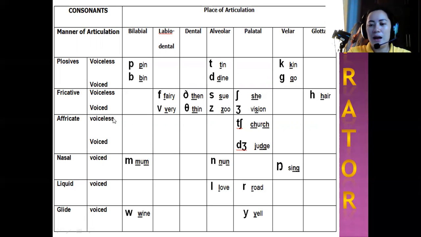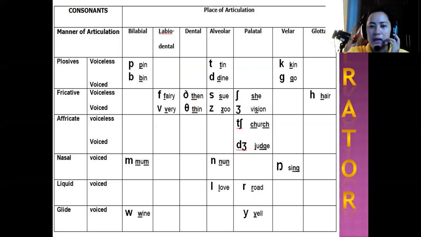We also have the variation of phonemes, like voiceless, voiced. So when you see the place of articulation, you will see it's bilabial if it's using the two parts of your lips.